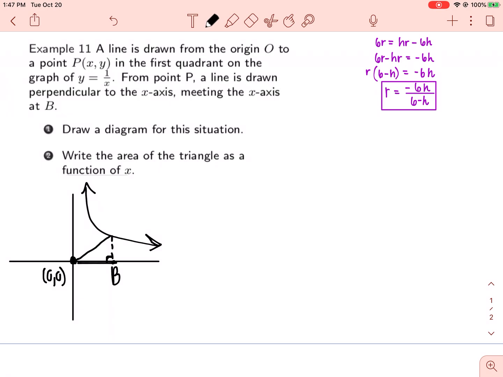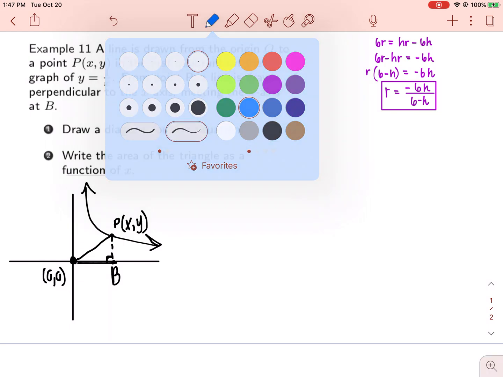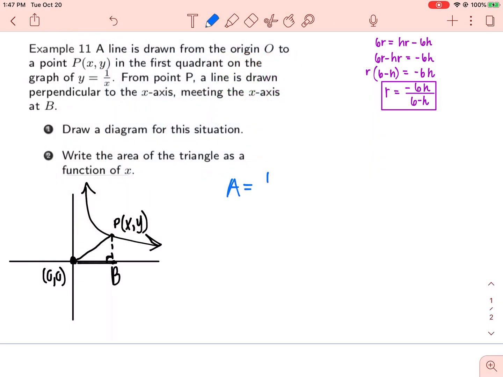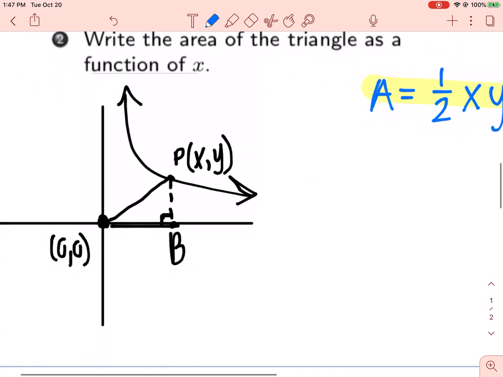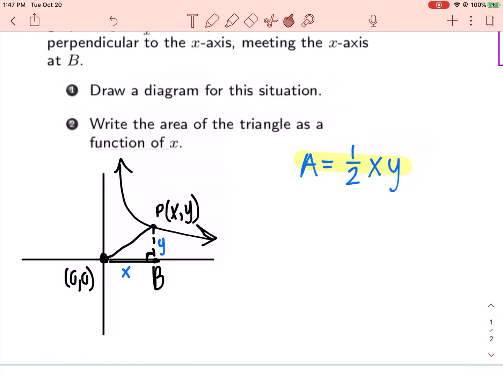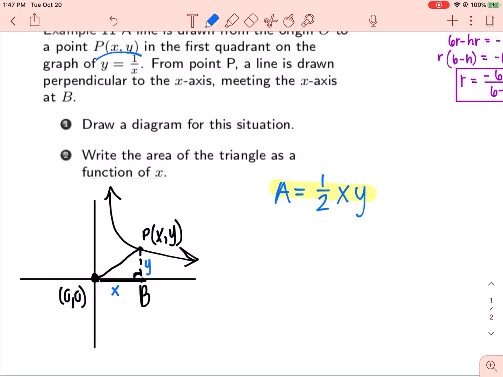Draw the diagram, and let's write the area of the triangle as a function of x. Okay, so here's P(x, y). And let's jump into this. My goal is to write area, which is normally base times height or x times y, but I only want x, so I need to get rid of y. We did something similar to this yesterday. Okay, well, looking at it, if this is my x and this is my y, we are given in the problem what y equals. y is 1 over x.